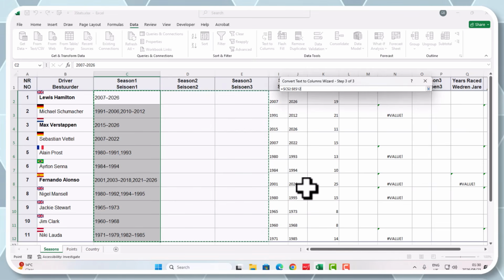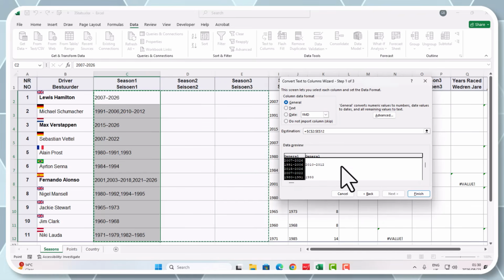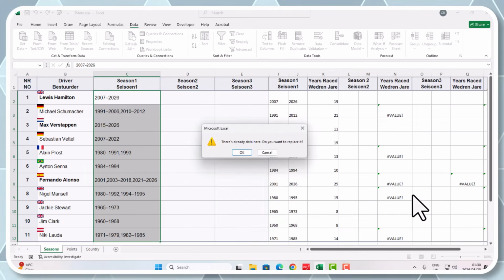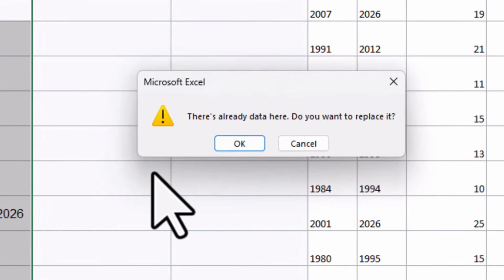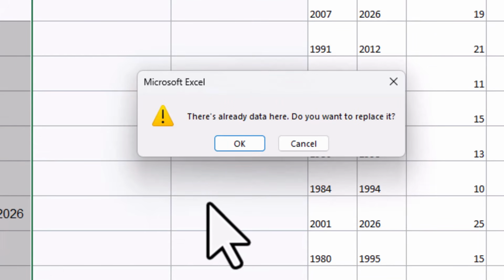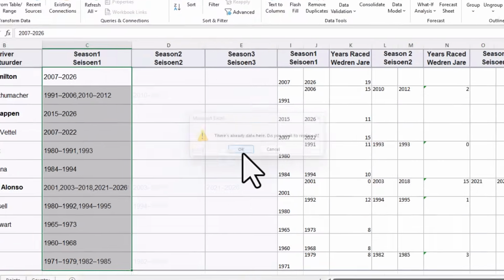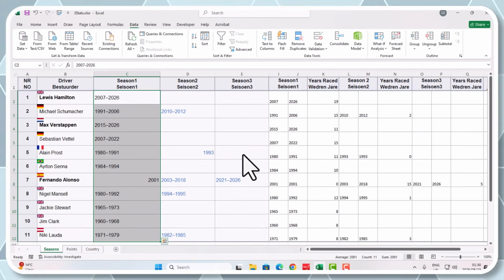That's where it's going to break column C apart into the different columns it must put into. Let's push enter. Then we can hit finish. And guess what? There is already data there. We know that because here we're replacing it. So let's just go okay. Boom, and there we go.